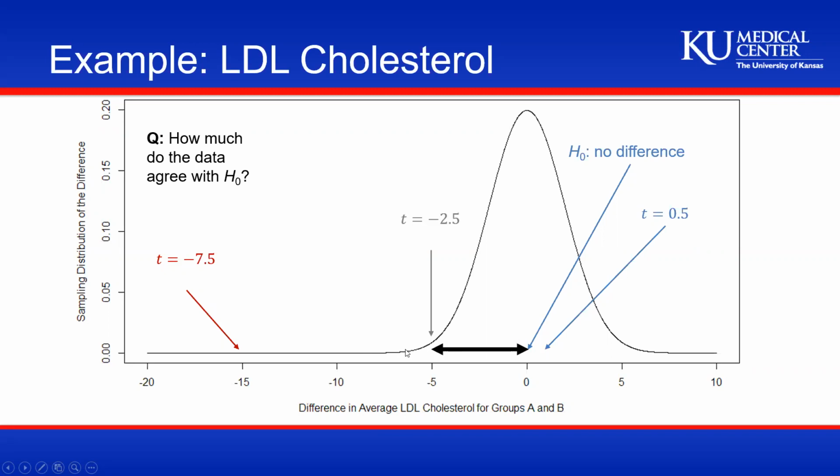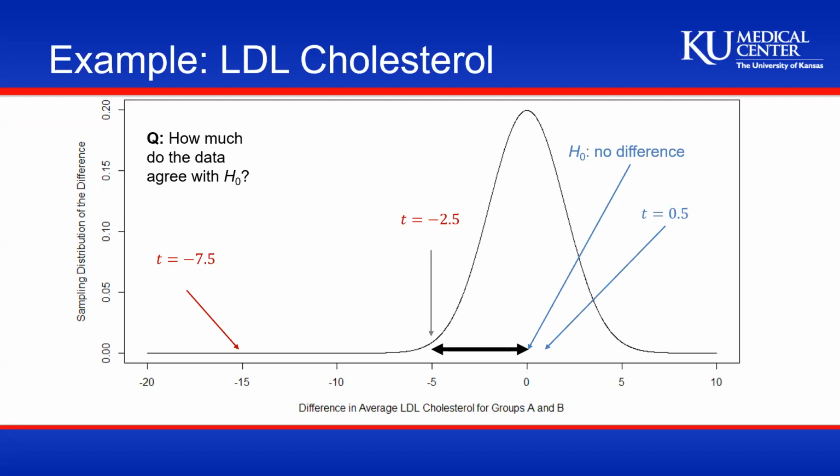The question here is, what about this one? This one is actually 2.5 standard deviations below what we would expect. It turns out if we set the threshold to minimize the risk of a false positive finding to 5% or lower, this is above that.